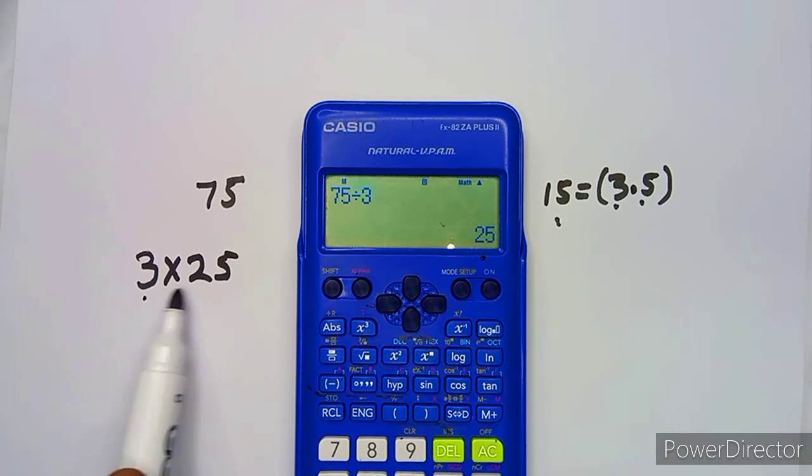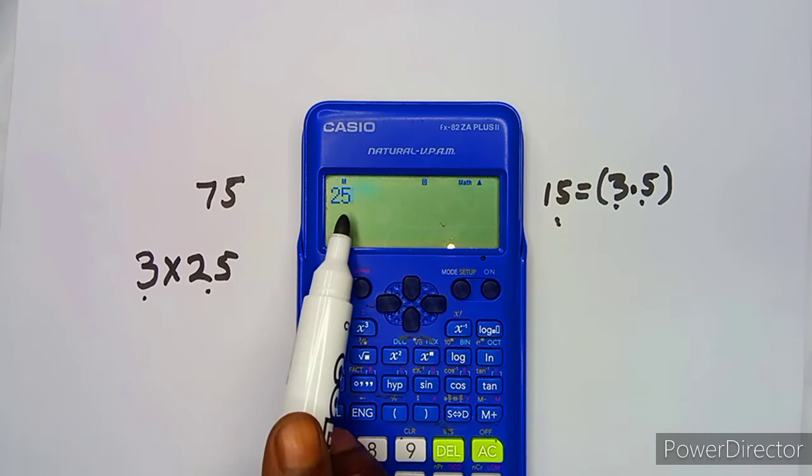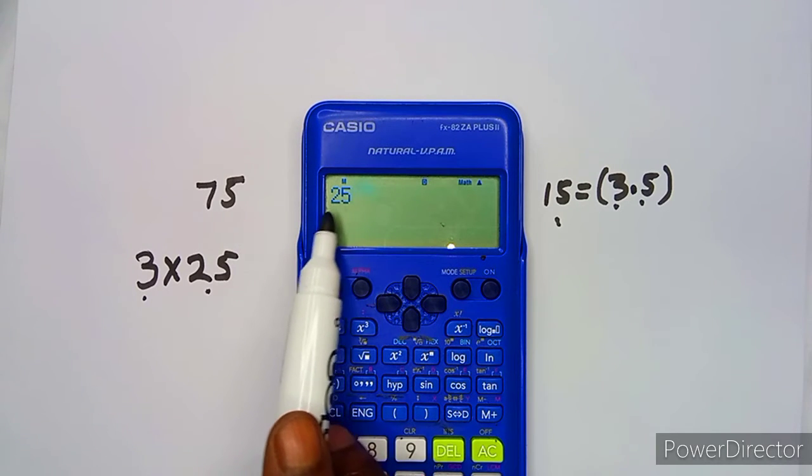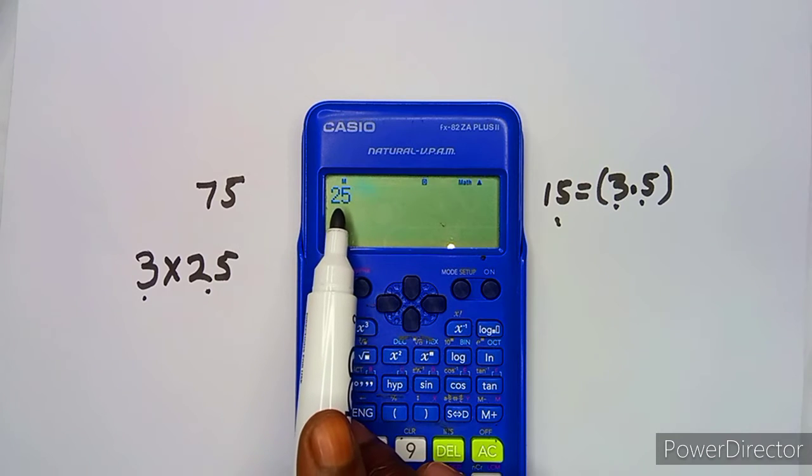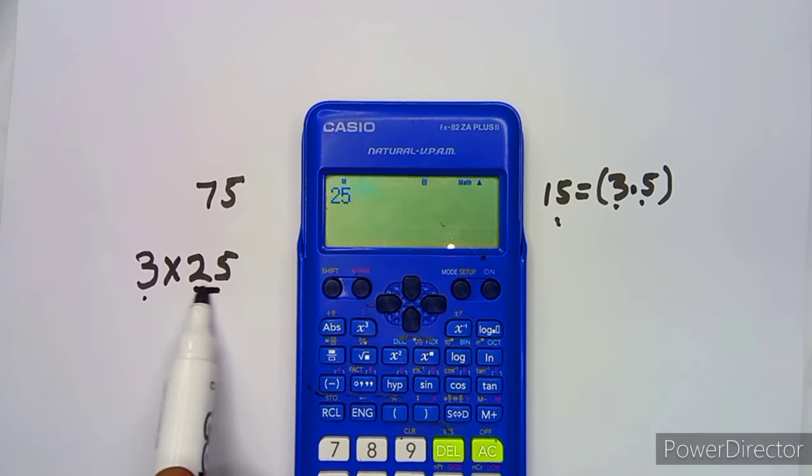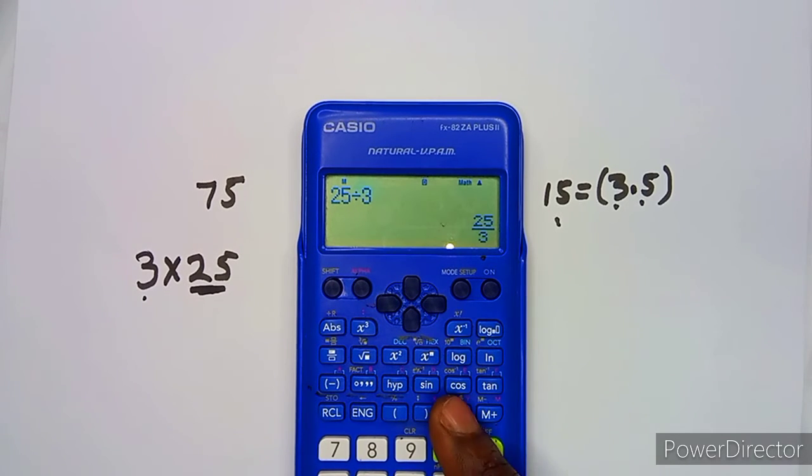So 3 times 25 gives us back that 75. Okay, so from the 25, we still haven't written this in terms of 5. We are supposed to write this 25 in terms of 5. As we can see now, if we divide by 3, it's impossible because it's giving us a decimal. We are supposed to obtain an exact value.